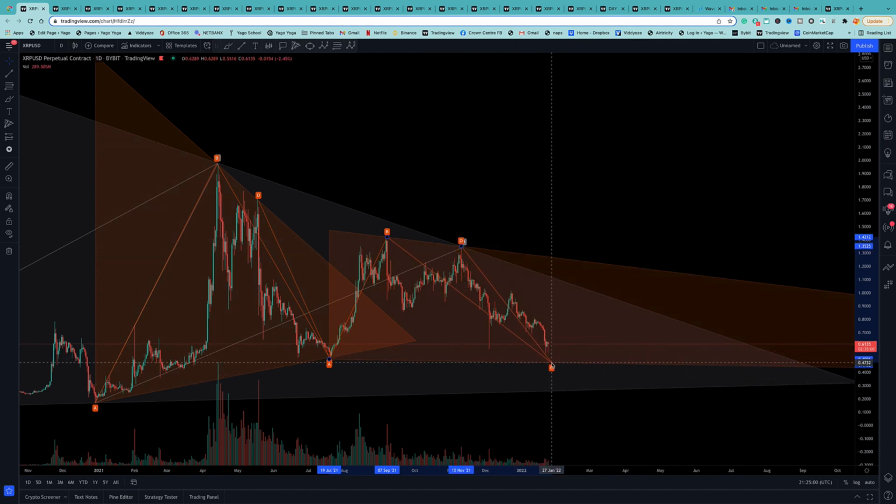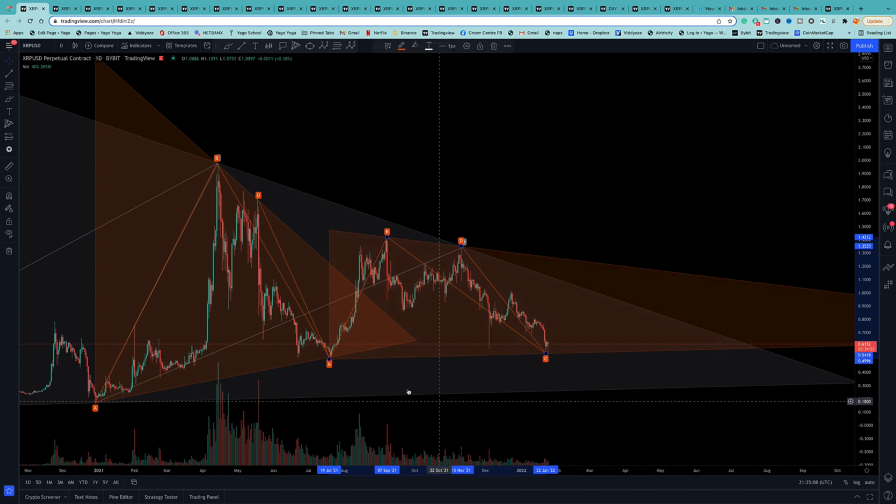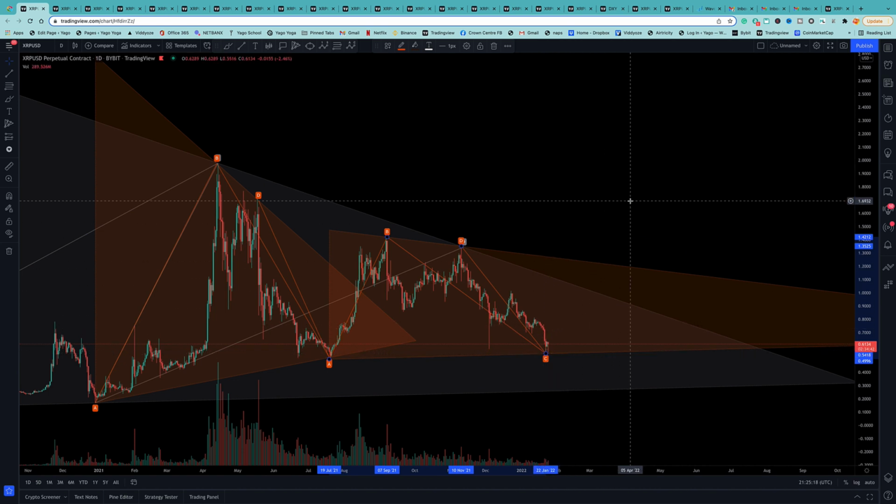And again, if this goes lower, it's creating a bit of a descending triangle. But for now, there it is. And again, look, Elliott wave, correction, Elliott wave, correction, Elliott wave, correction. And then breakout. Woohoo!